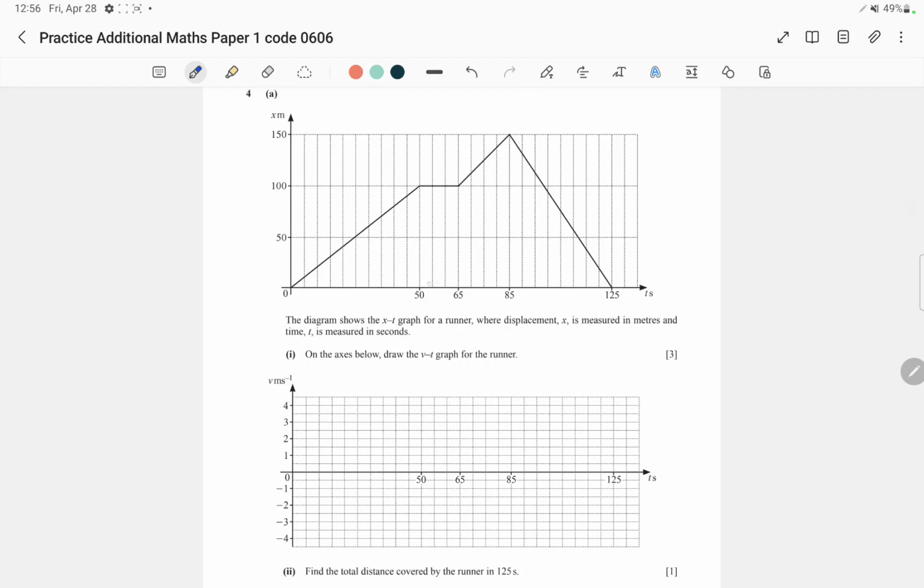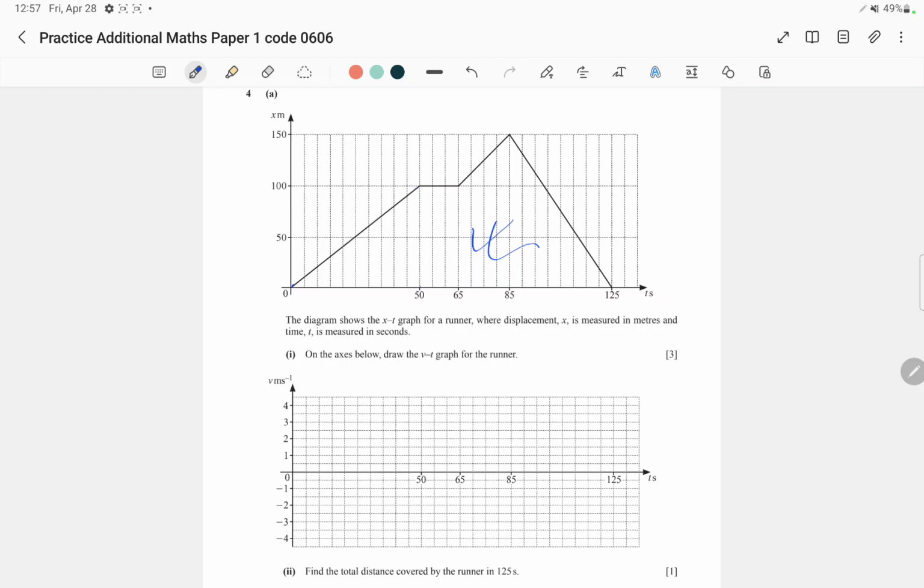Okay, between 0 to 50, right? This is your displacement. From here to here it's a displacement and this time is given, but in this we need to find our speed, or you can say velocity. So what will be the velocity? So v equals u plus at is one possibility, but we need to use this graph to get velocity.